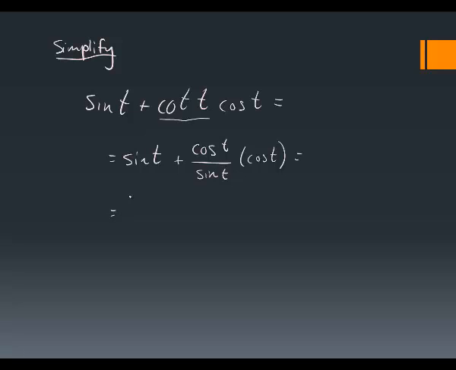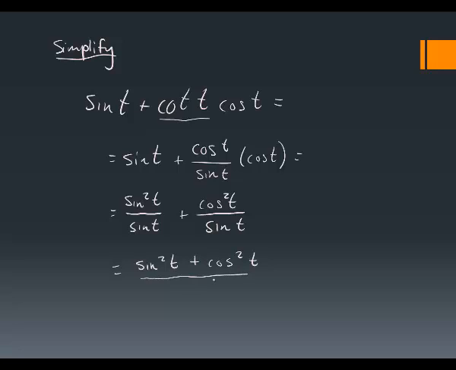So we have sine squared t now, because I'm multiplying by sine, plus cosine squared t over sine. And now we can combine these. So we end up getting sine squared t plus cosine squared t all over sine t.